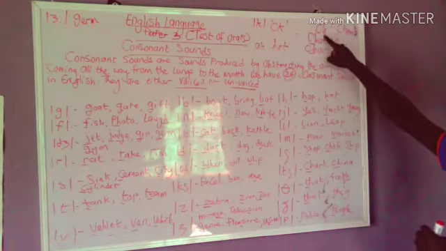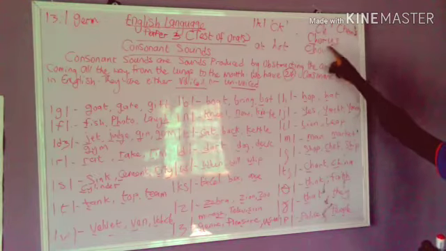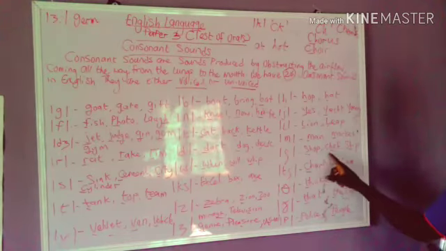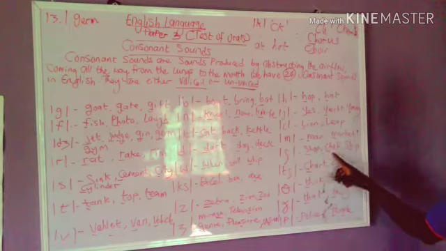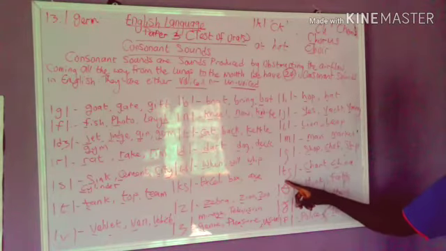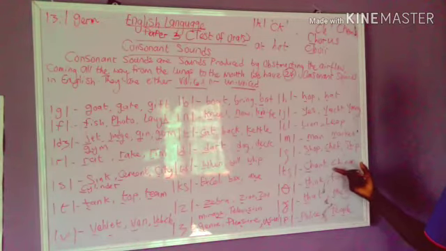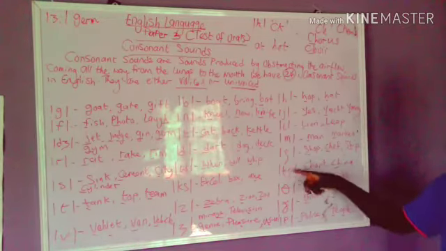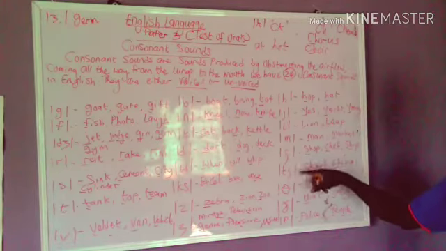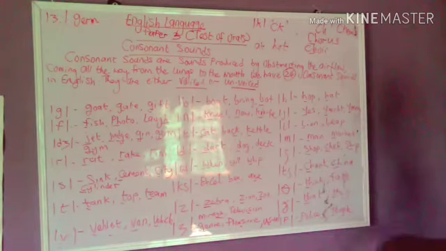It can give you k in these words: chemist, chorus, choir. It can give you sh in some words such as chef, chevron, chassis, shoot, shake. But it can also give you ch, as in chart, as in China, but typically CH will give you ch sound.